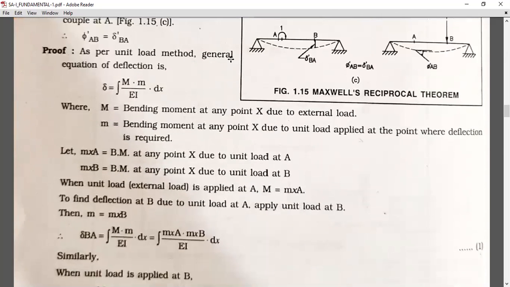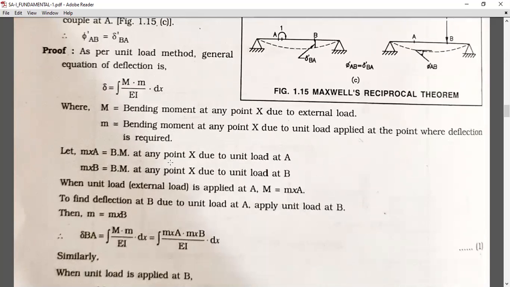As per unit load method, the general equation of deflection is delta is equal to the integral of M m over EI dx. બરાબર, M is equal to bending moment at any point x due to external load. Small m is equal to bending moment at any point x due to unit load applied at the point where deflection is required.